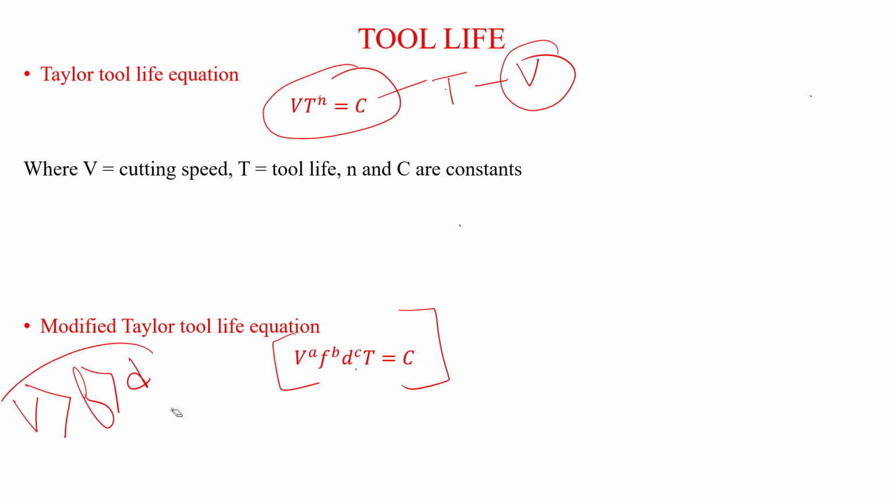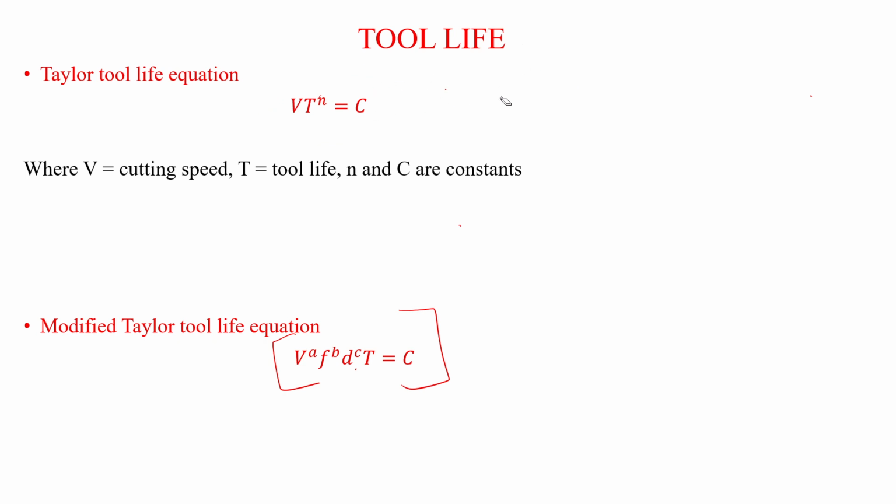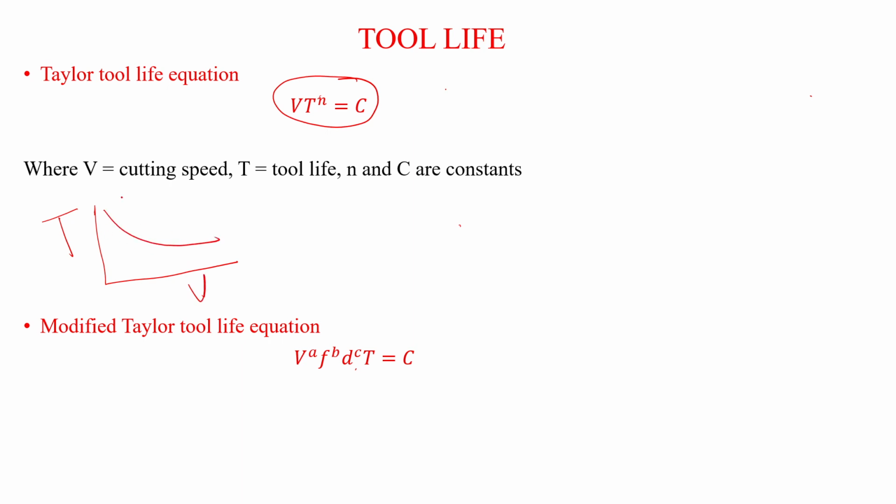Now, can anyone take the log of this equation and plot the curve between T and V? Can you do this? No, sir. See, if I draw a curve between T and V, it would be something like this, right?